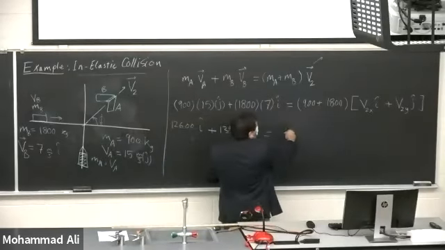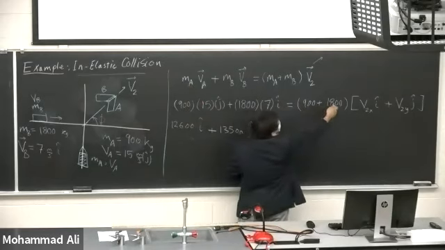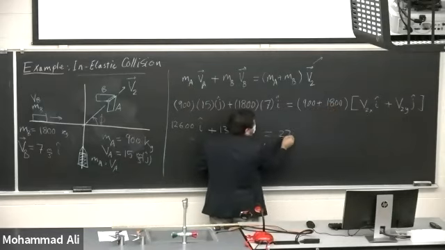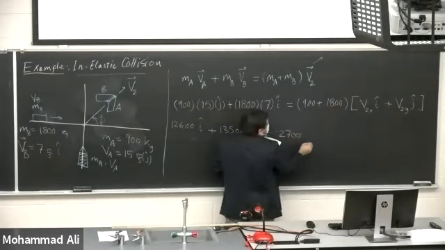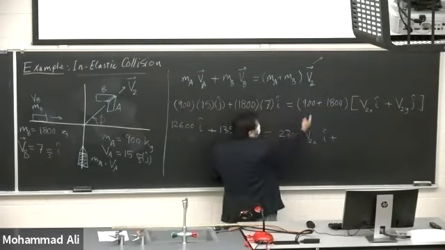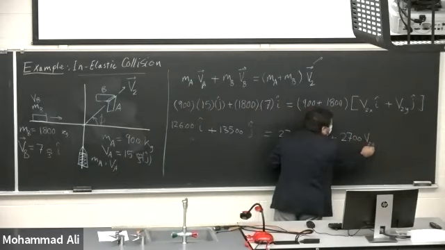This will be equal to, in the x direction, 900 plus 1,800, which is 2,700, V2 in the x direction I hat, plus the same number, 2,700, V2 in the y direction J hat.